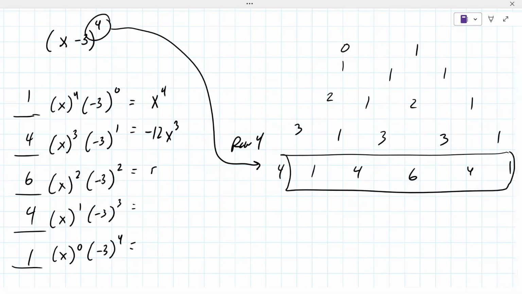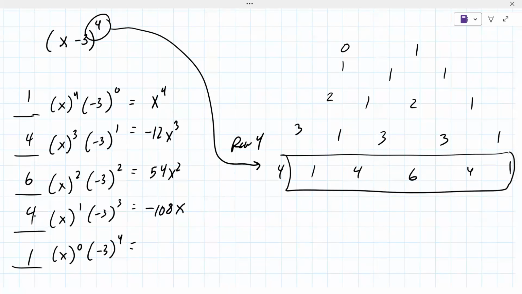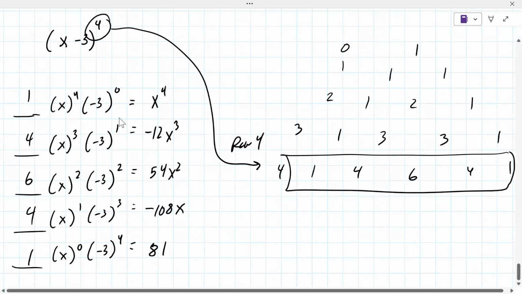So that's 54x squared. -3 cubed is -27 times 4 is -108. And then -3 to the power 4 is 81. Any questions on how we combine those?